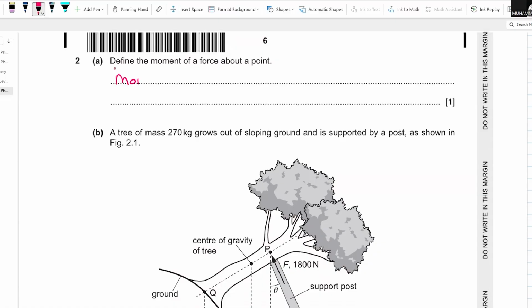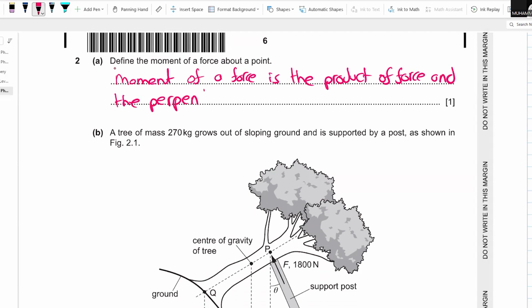Moment of a force is the product of force and the perpendicular distance between force and pivot. Force and pivot. Perfect.